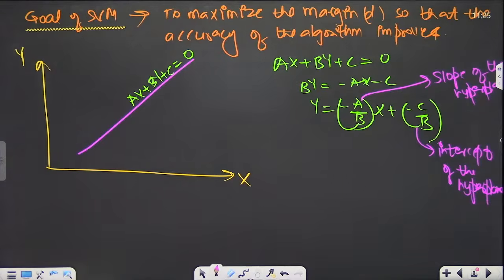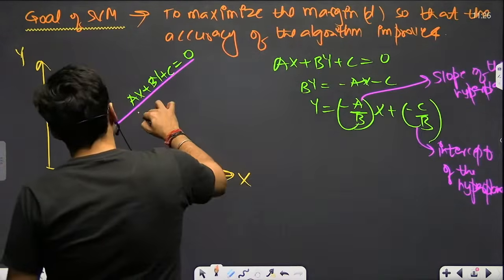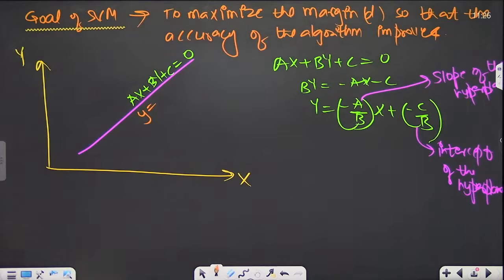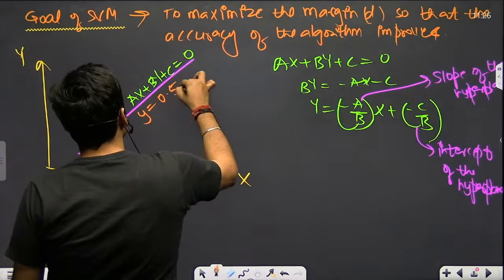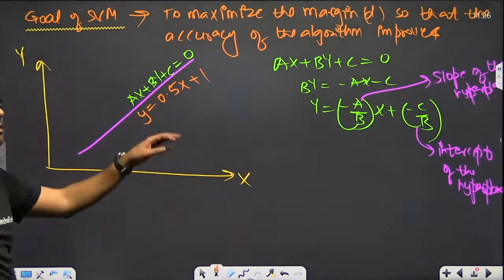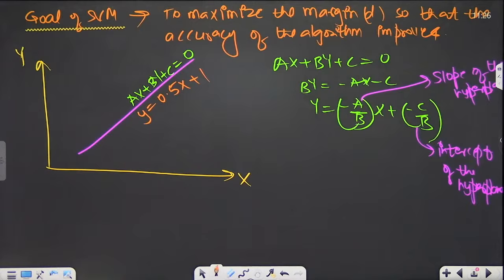Okay, now I am giving you the equation of the hyperplane as y equals to 0.5x plus 1. Okay, I'm giving you this equation of the hyperplane y equals to 0.5x plus 1, right? Now tell me, now I'm giving you 2 points.